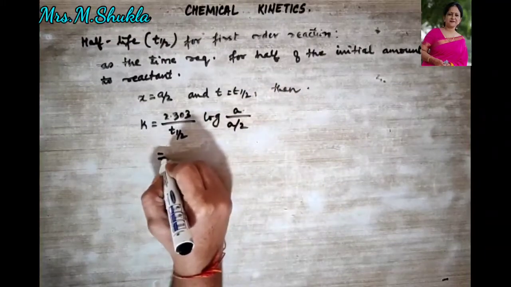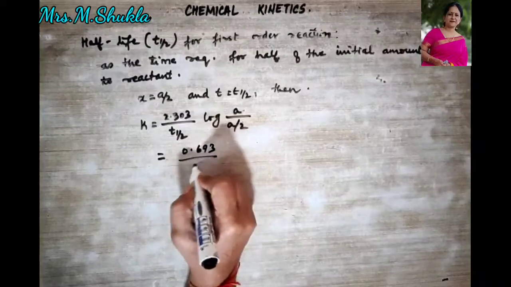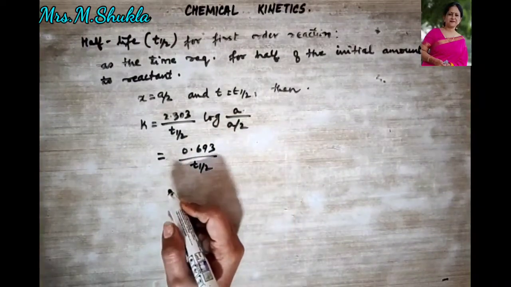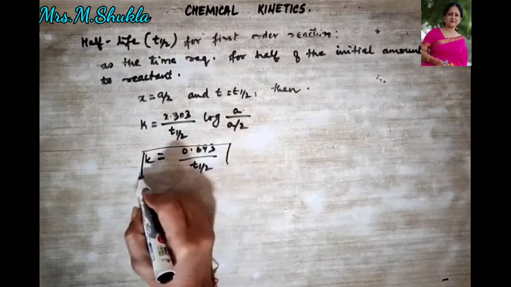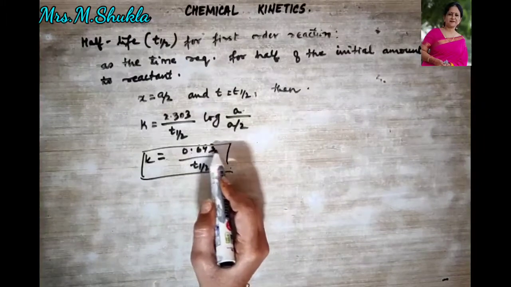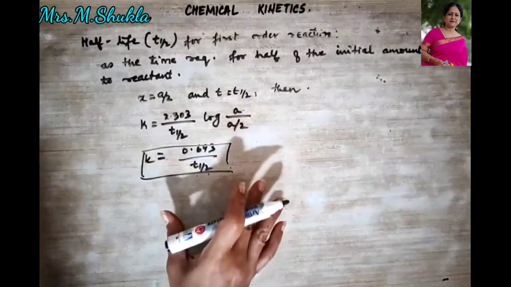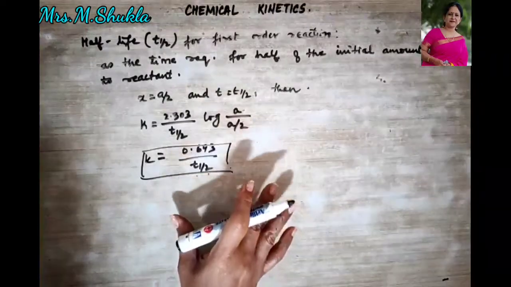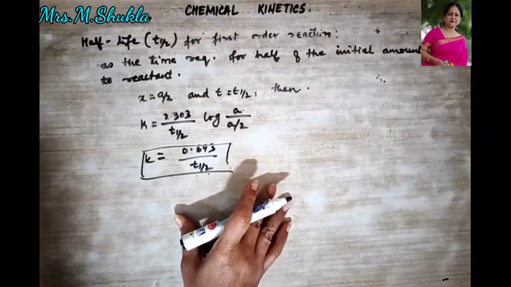So this will be equal to 0.693 upon half-life. So your rate constant is equal to 0.693 upon half-life. This proves that the half-life period for a first order reaction is independent of the concentration term. I hope this is very clear to you.